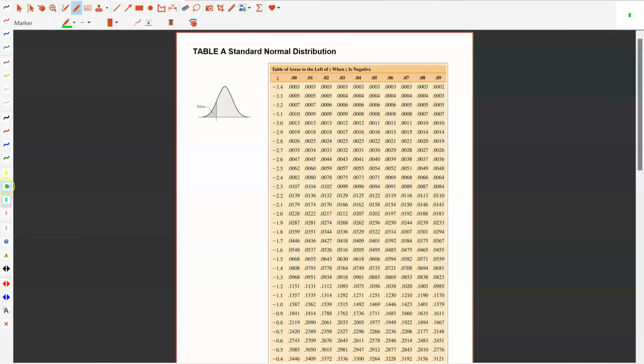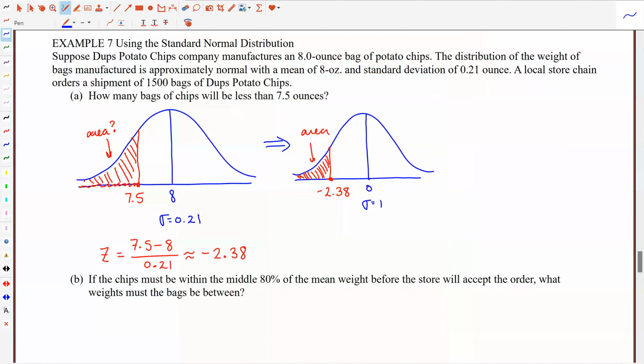And then I'm going to slide across till I get to the 8 column. Where that row and that column meet, it's giving me a value of 0.0087. So this area is 0.0087 using my table.